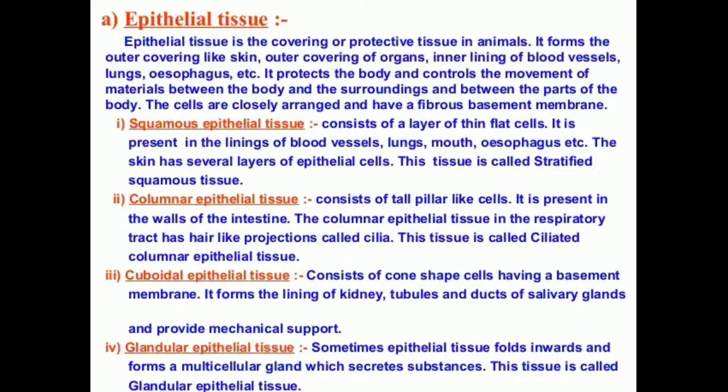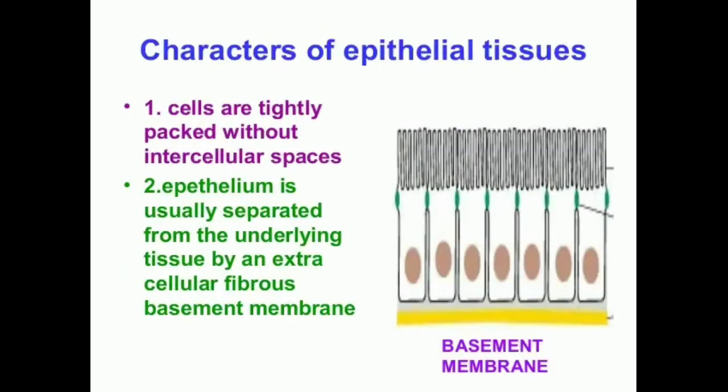The epithelial tissue cells are tightly packed to form a continuous sheet. That means there are no intercellular spaces between the epithelial cells. Regardless of the type of epithelial tissue, all epithelium is usually separated from the underlying tissue by an extracellular fibrous basement membrane.